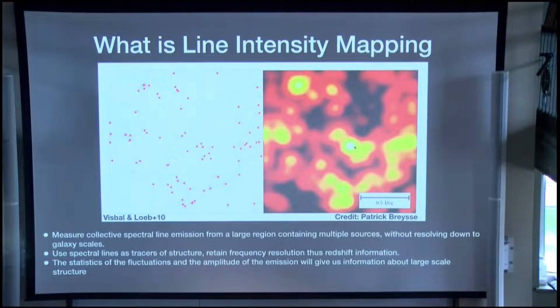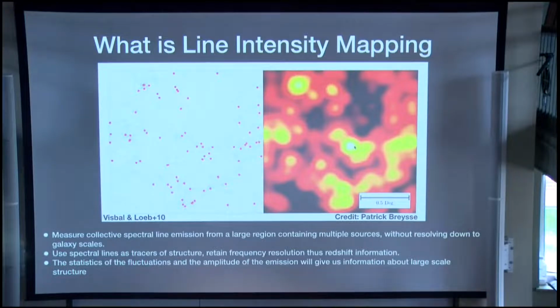You take a low resolution map of the emission lines arising from these galaxies or from any of the gas in these galaxies. You can have emission lines from star forming regions, or you can have emission lines like 21 centimeter, which tells you where the neutral gas is.